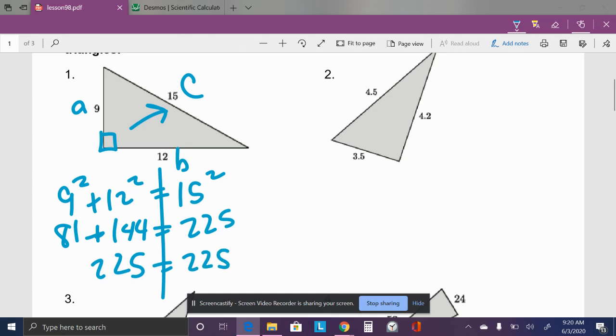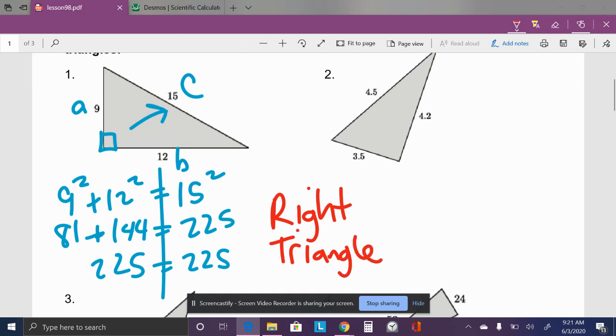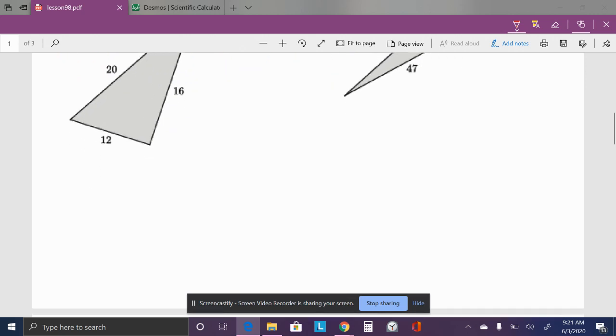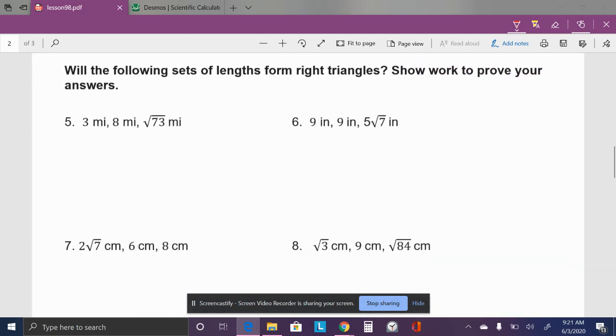So that means this is a right triangle. All right, this whole thing is a right triangle. Those are nice because they're nice integer numbers. When you get into decimals, you'll probably have to use a calculator and see if it works or not.